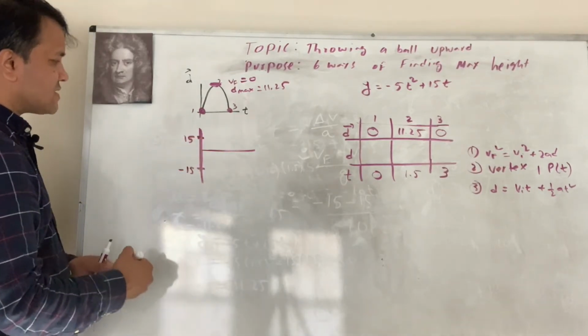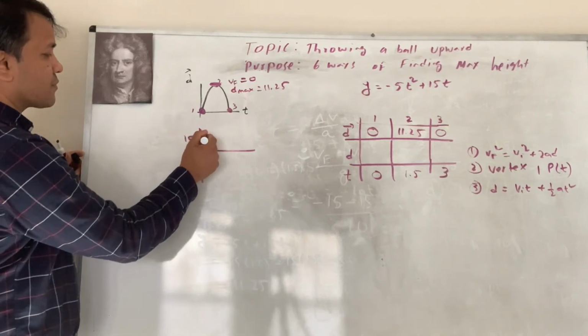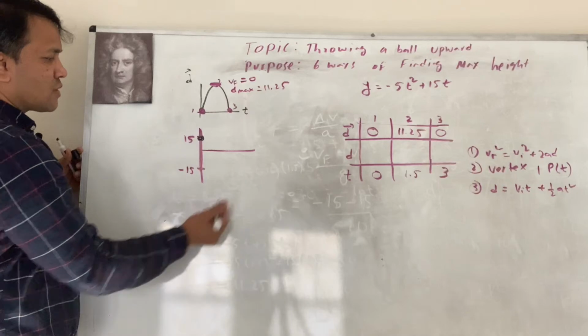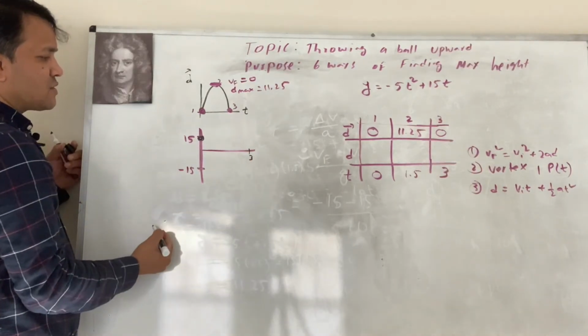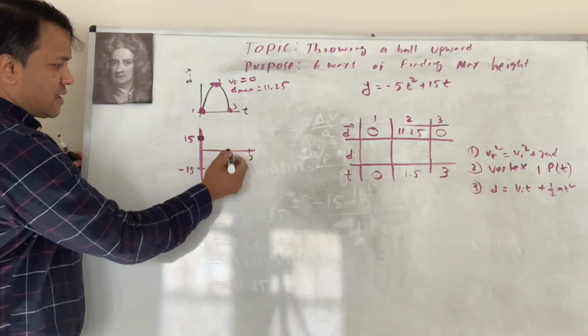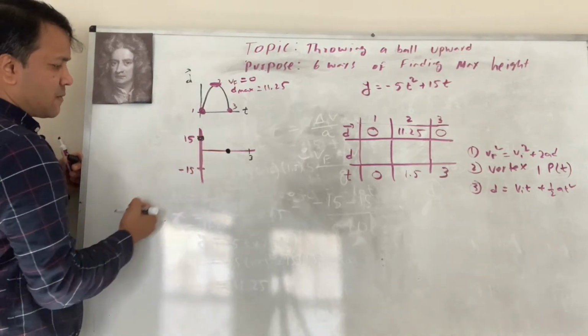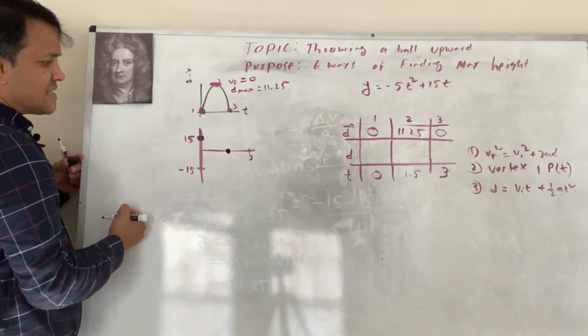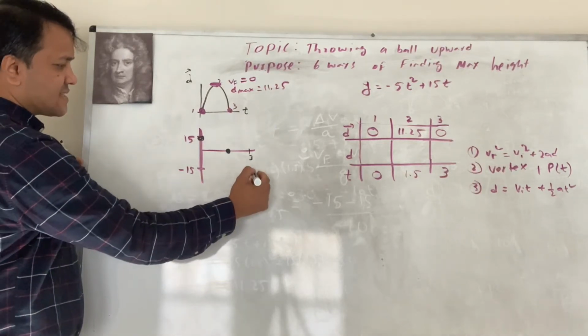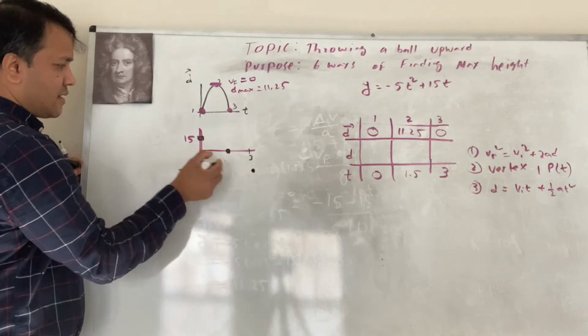Point number 1 is 0, 15. Point number 2 is 1.5, 0, because at 1.5 the velocity is 0 and the total time is 3. And point number 3 is 3, negative 15. At 3 seconds the velocity is negative 15.